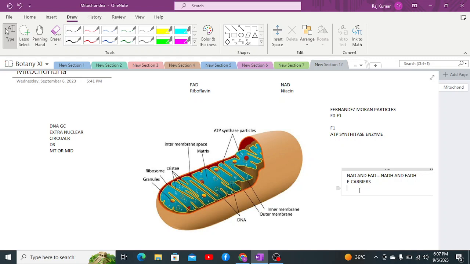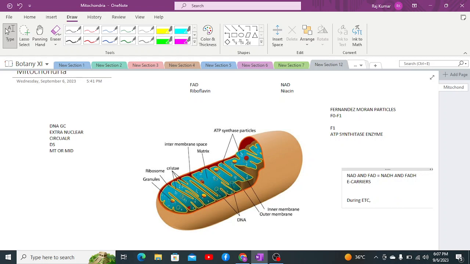So these electron carriers are in actuality proteins, which carry these electrons during the electron transport chain, when NAD and FAD are oxidized.